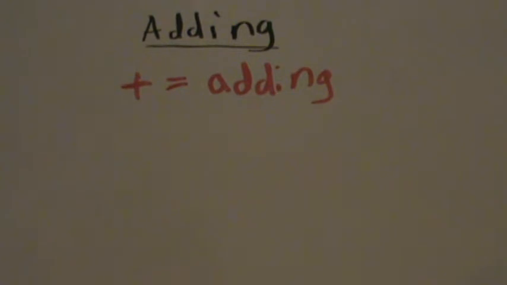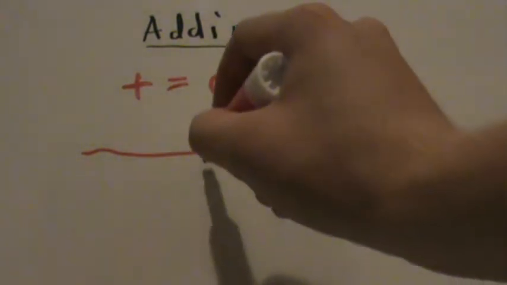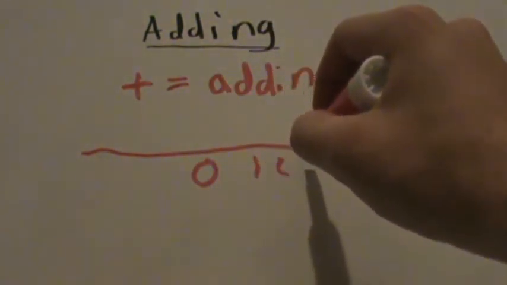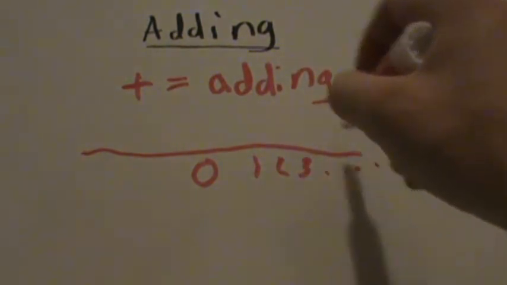Basically, adding is just traveling over the number line. Let's say we have a number line here and we're at 0, and we start off counting up and we keep on going.